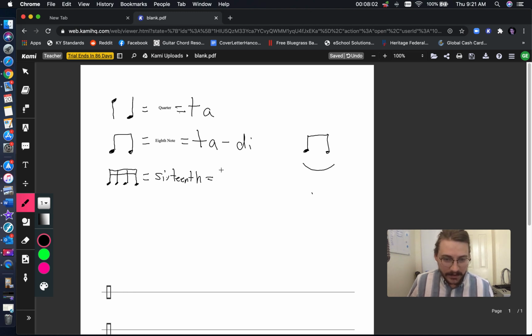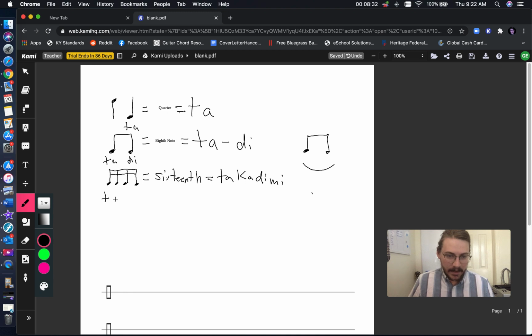And that is going to be ta, ka, di, mi. Now you might see a pattern. The first beat of these 16th notes is called ta. And when we sing only that first beat together, we simply get a quarter note. So ta. And you can see these two notes as ta and di.